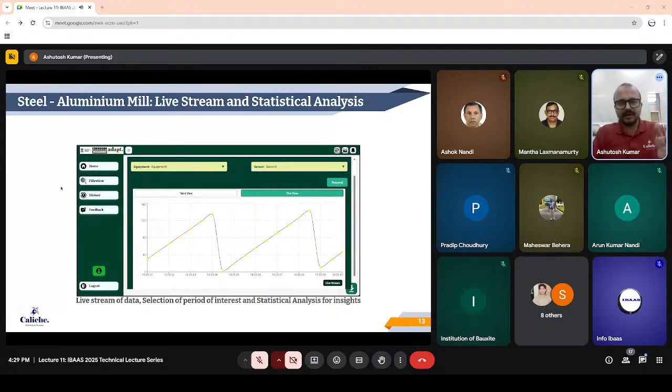Once we have observed an anomalous behavior, the software itself has a provision wherein we can either look at the live stream of the data, or historically go into a particular time period and look at what has been the deviation with the analysis tool in the software itself.